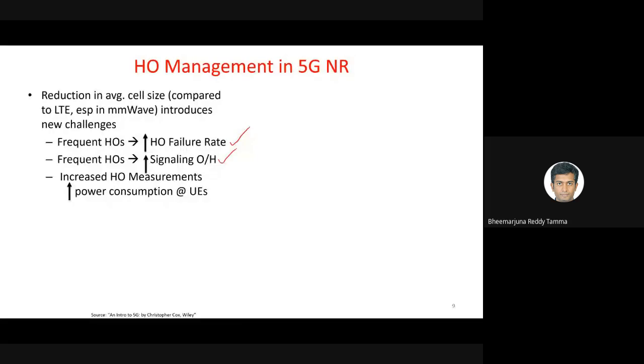Compared to earlier generations of cellular networks, 5G systems are designed to operate on lots of different channels. If you look at the absolute radio frequency channel numbers, there are lots of channels that ITU has defined for 5G operations.